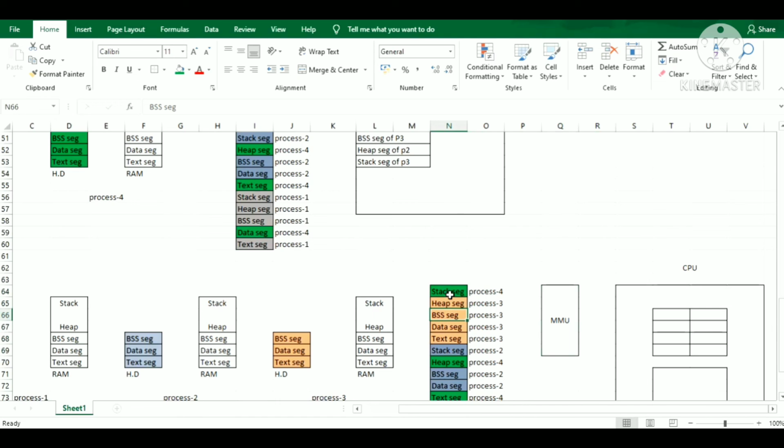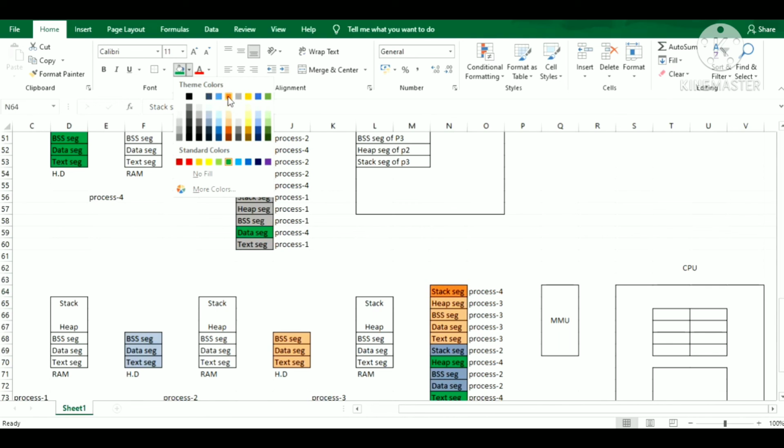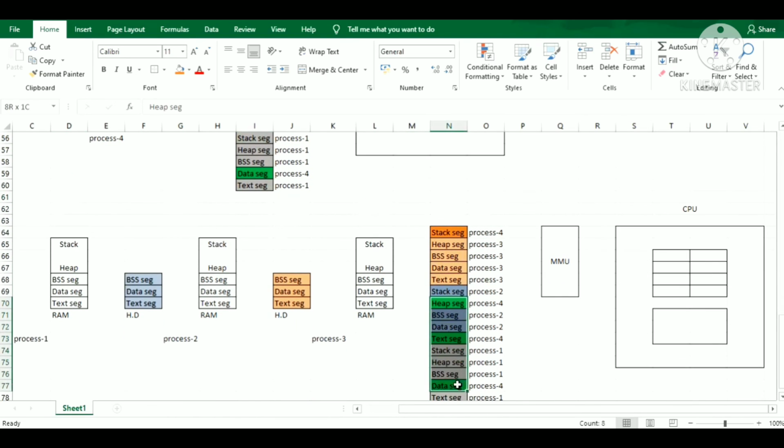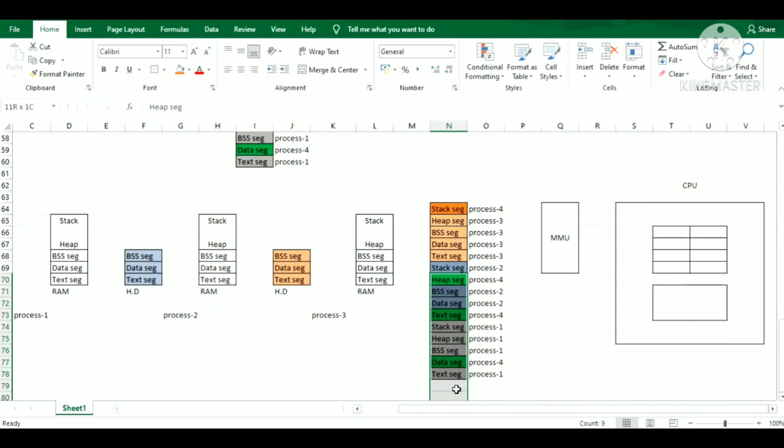From the memory mapping unit it will be placed back to the physical frame of the RAM, and it will reflect on our monitor. Yes, this is the way to overcome a page fault. It automatically takes back its process.